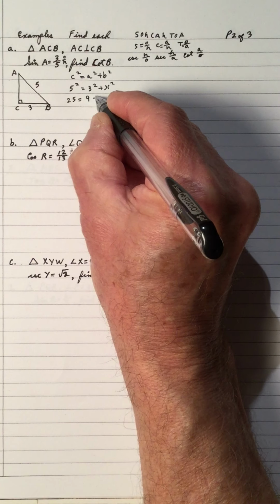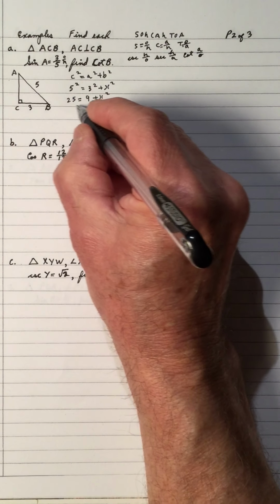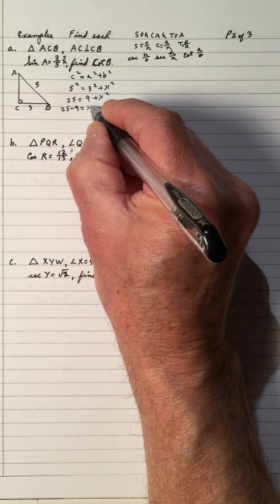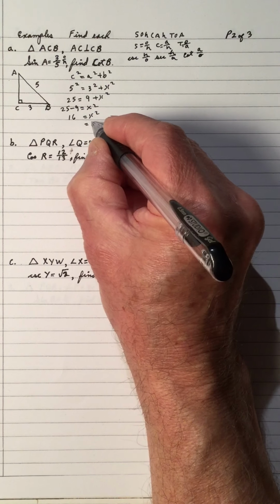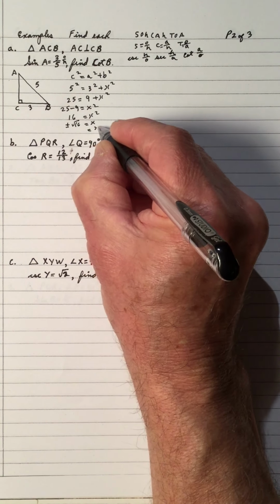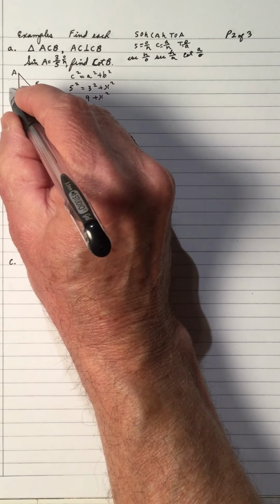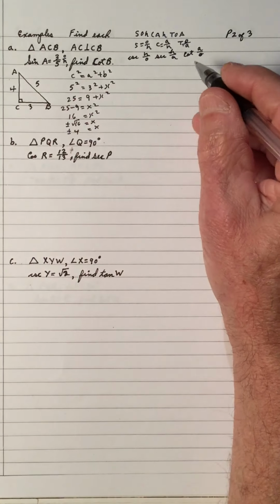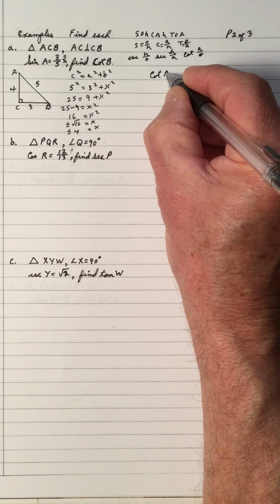So 25 minus 9 equals X squared, so X squared equals 16, and X equals plus or minus the root of 16, so plus or minus 4. But we can't have a negative length, so the side is 4.